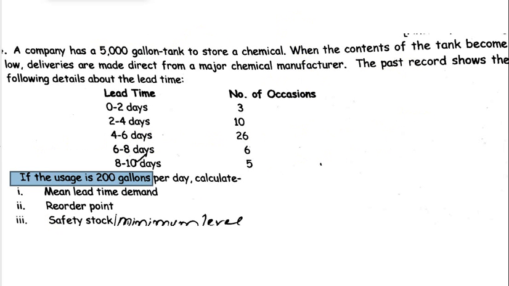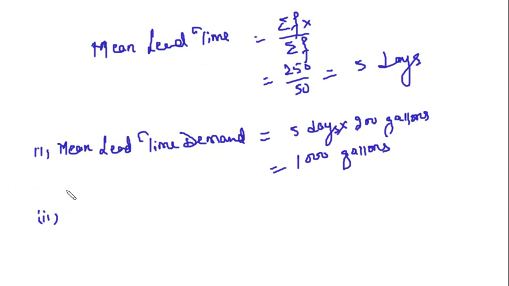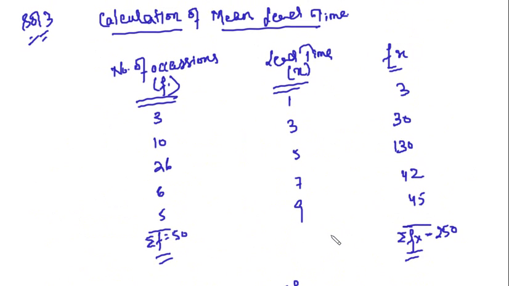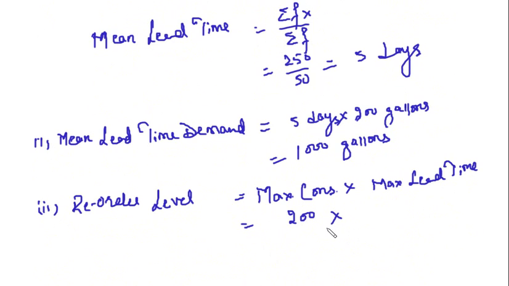Second, what is asked? Reorder point or reorder level. So reorder level is maximum consumption multiplied by maximum lead time. See, the maximum consumption is 200 only. What is the maximum lead time?